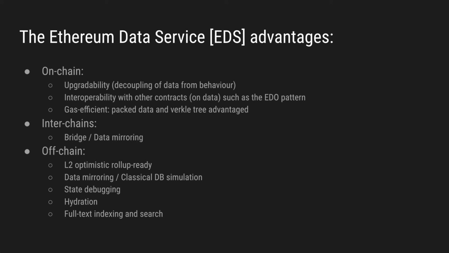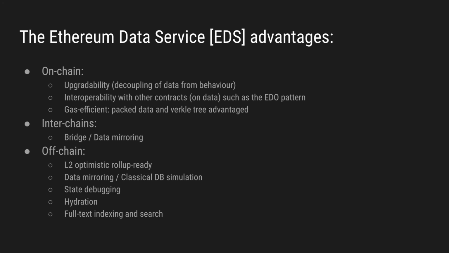The way we pack data is an advantage for data mirroring on other chains and data bridging. As for off-chain, because we have mechanisms to keep track of data changes, EDS is compatible and ready for Layer 2 optimistic rollups. And it is easier to simulate the on-chain data off-chain using a classical database engine.